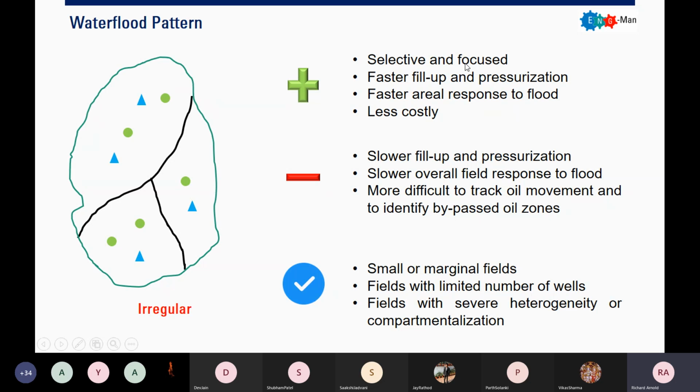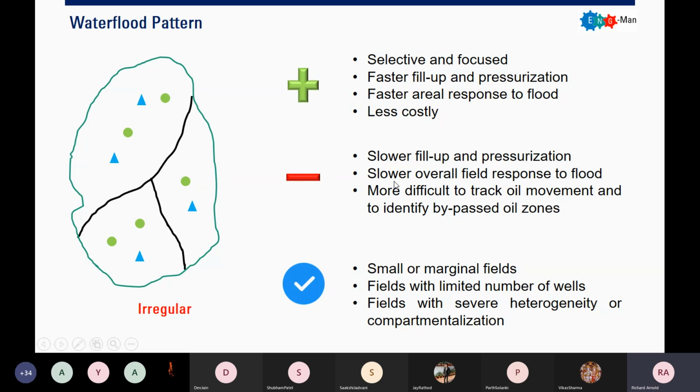So it's selective, it's focused, it will give you faster fill up and pressurization at each area that needs water flood the most. All right. And then faster areal response to flood. Not overall, but only areal. Okay. And usually it will be less costly because, like this one, we only need few injectors in this illustration.